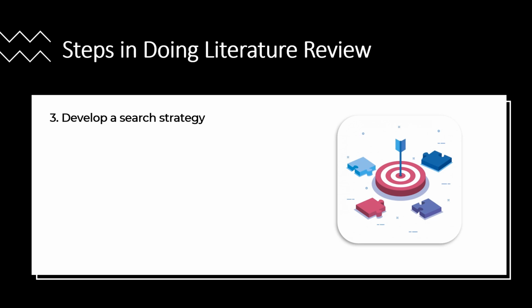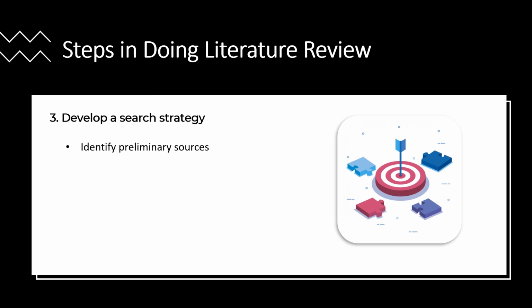So your search strategy can involve identifying preliminary sources. Preliminary sources include databases and indexes that include bibliographic information, compilation, abstracts, and sometimes full text articles.